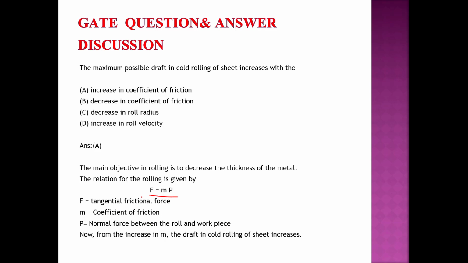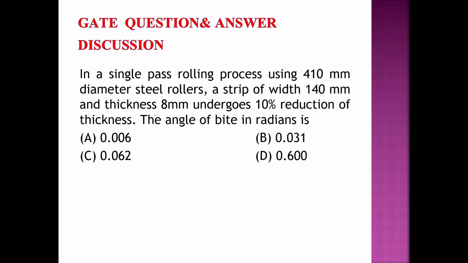From this, with increase in mu, the draft in cold rolling of sheet metal increases. Answer is A.